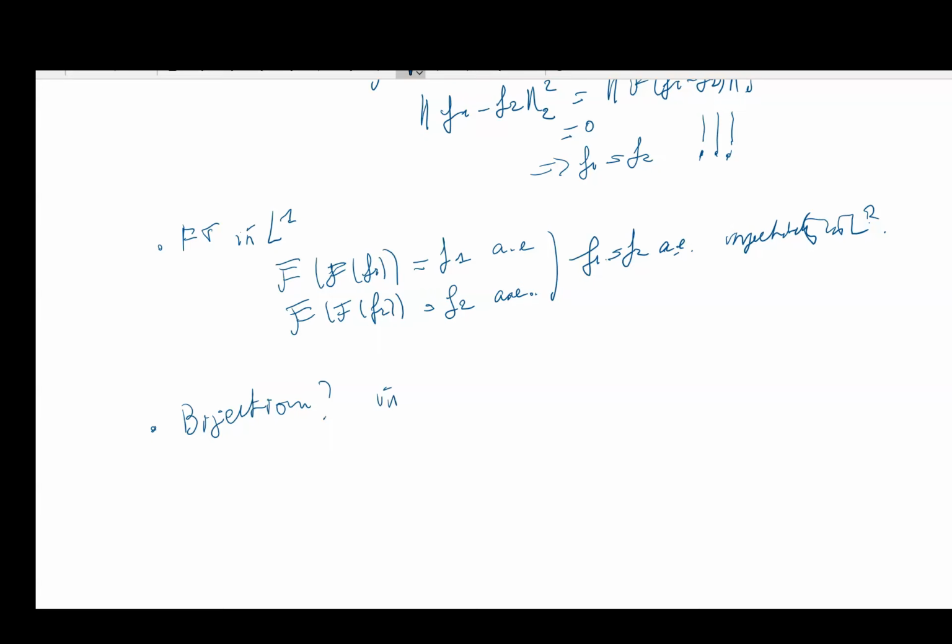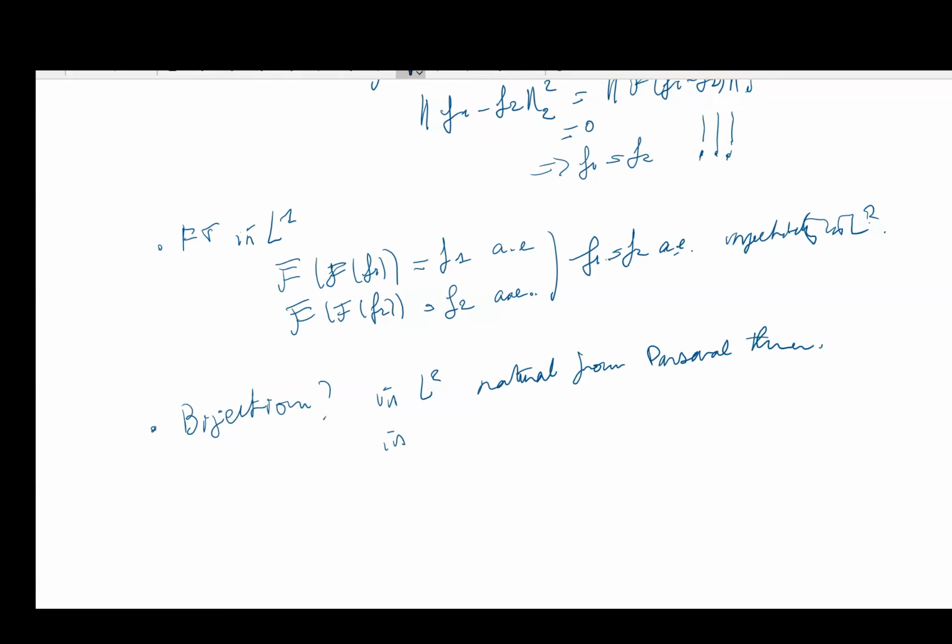So in L2, that's natural from the Parseval theorem. It tells you that the L2 norm of the Fourier transform is equal to the L2 norm of the function. So that means if your function is in L2, its Fourier transform is in L2, plus injectivity. So that makes it a bijection in L2.